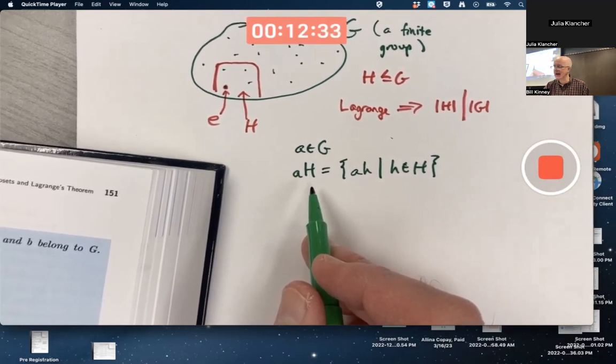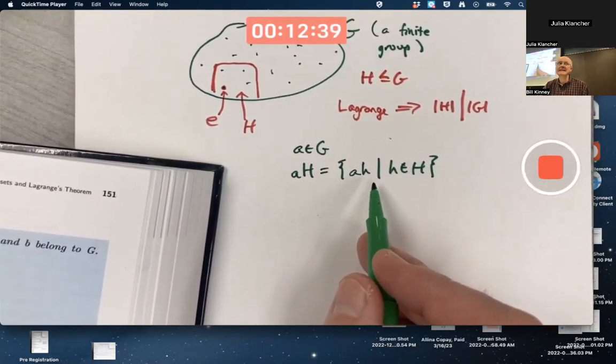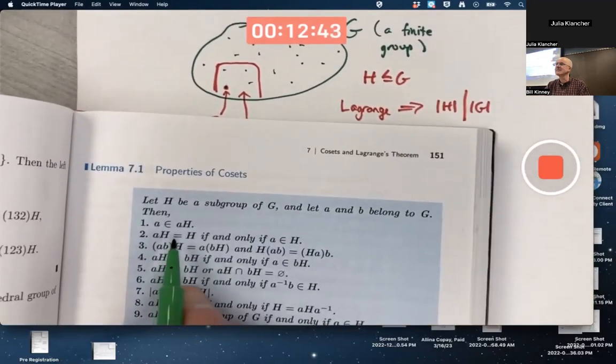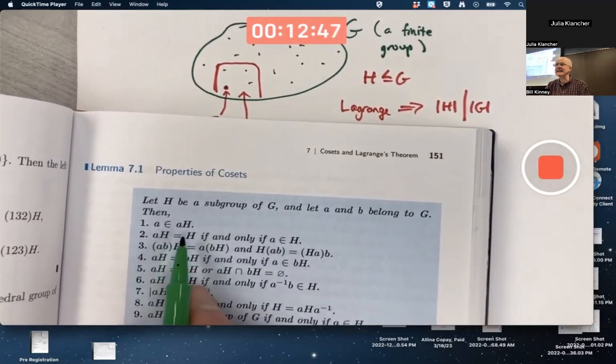Because it does contain A. Because if the little h is E, the identity, AE is A. That's a proof of this fact. So every element is in the left coset containing that element.